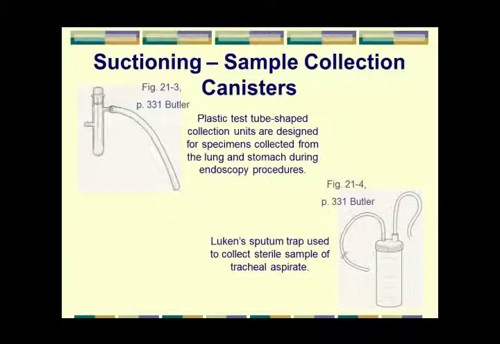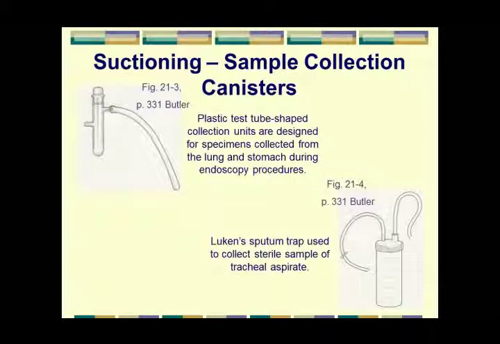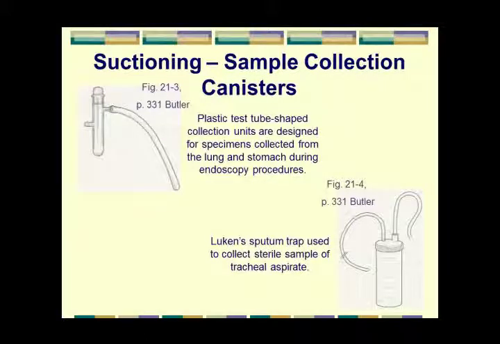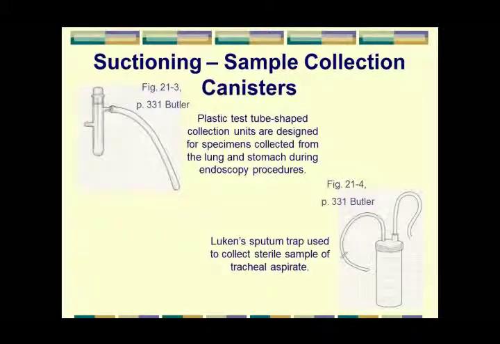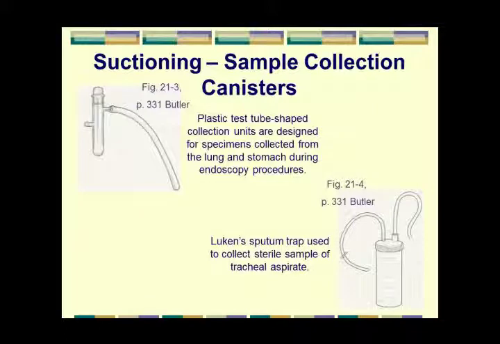Oh, and by the way, this is all done in a sterile fashion. It's almost like you need a third hand. But we'll show you tricks on how to do this. That's probably the hardest part of this PE, doing the collection mechanism in addition to the suctioning itself.